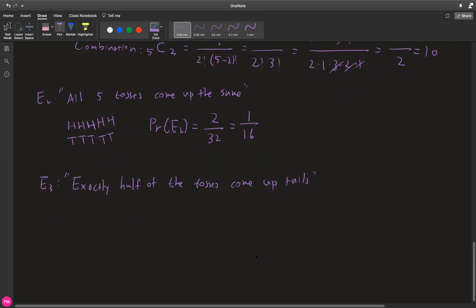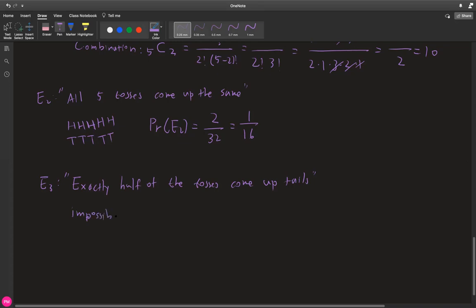Exactly half the tosses come up tails. In this case, this is not possible because there's no exact half outcome when you're tossing an odd number of times. You can either have 2 or 3 tails, but there is no 2.5 times of tails. So in this case, we know that this is an impossible event.